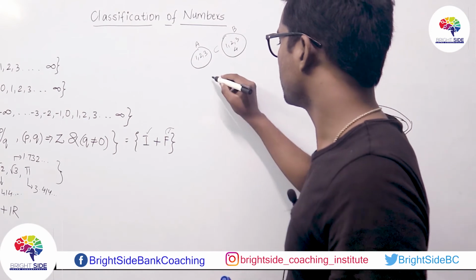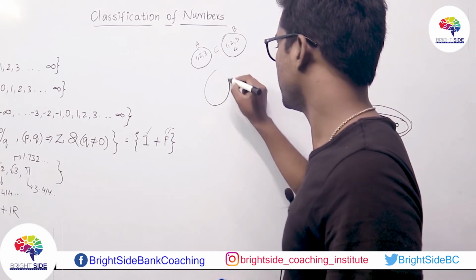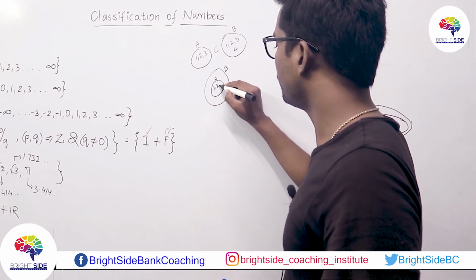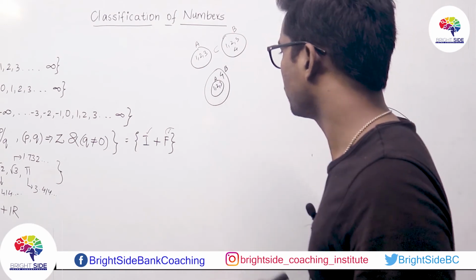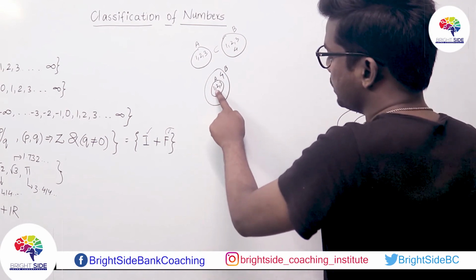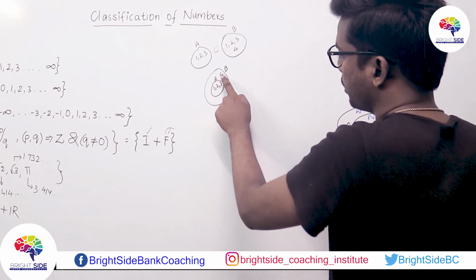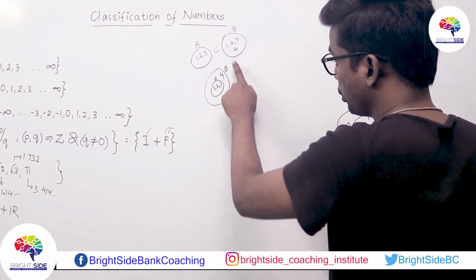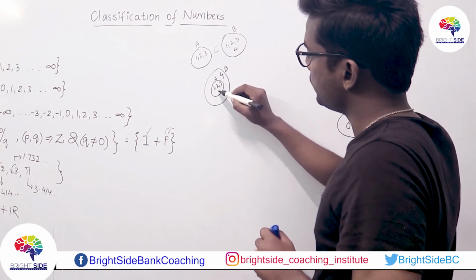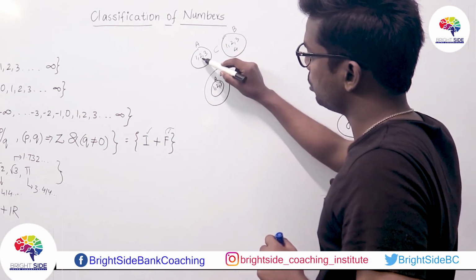Okay, so this can be represented in Venn diagram as this: 1, 2, 3 and 4. So if you see set A has 1, 2, 3 and set B has 1, 2, 3, 4. You should not be writing 4 inside A because A has only 1, 2, 3.